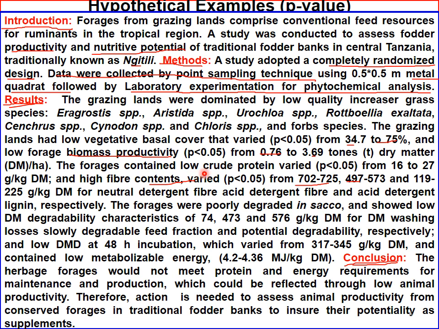Forage productivity in terms of proteins, nitrogen, fiber content, and all those things also varied accordingly to what the study recorded. You can pause the video and read one after another, then you will find how the sequence of the results was presented in a summary form.